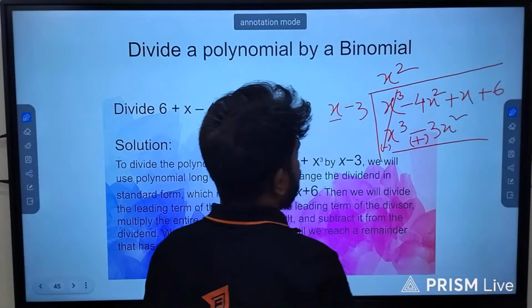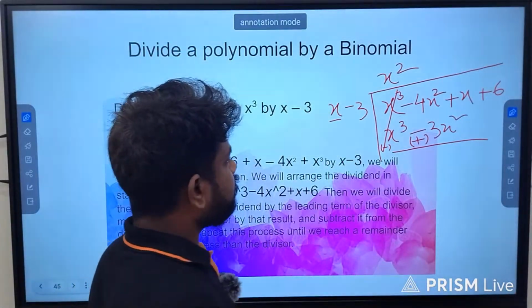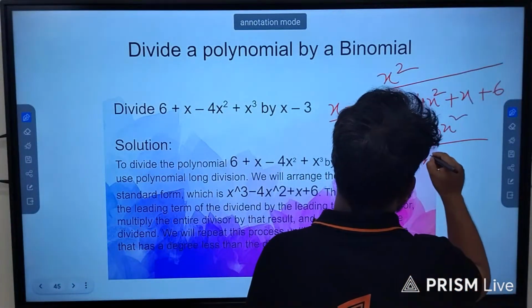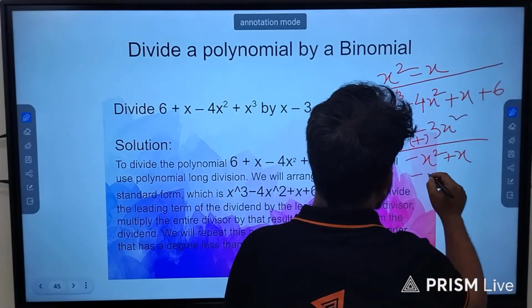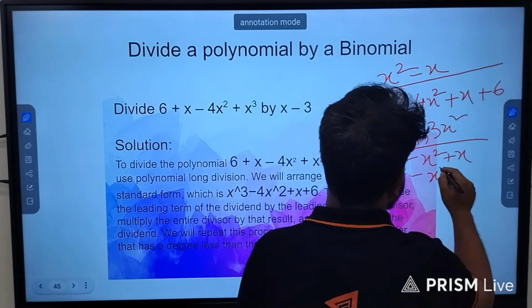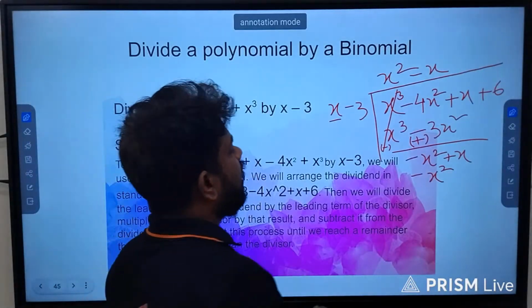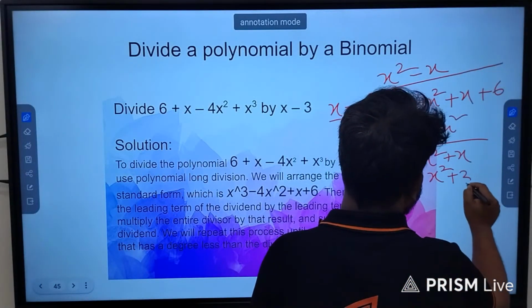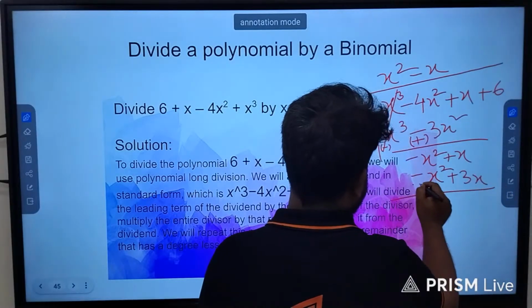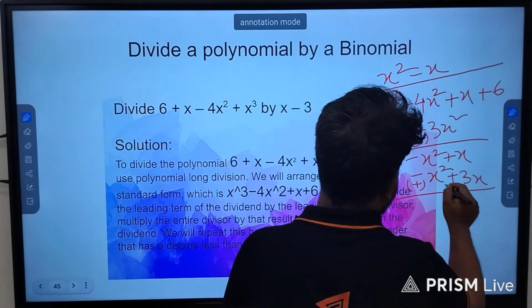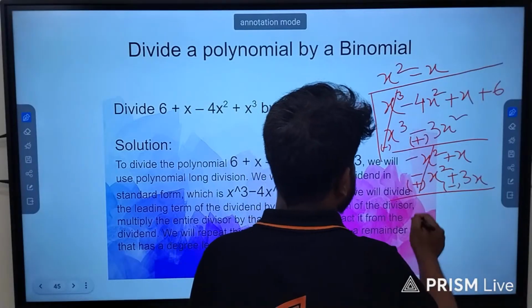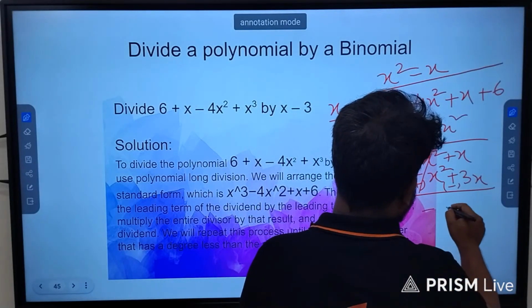So these two terms will get eliminated, and here it will be minus x square and plus 3x.